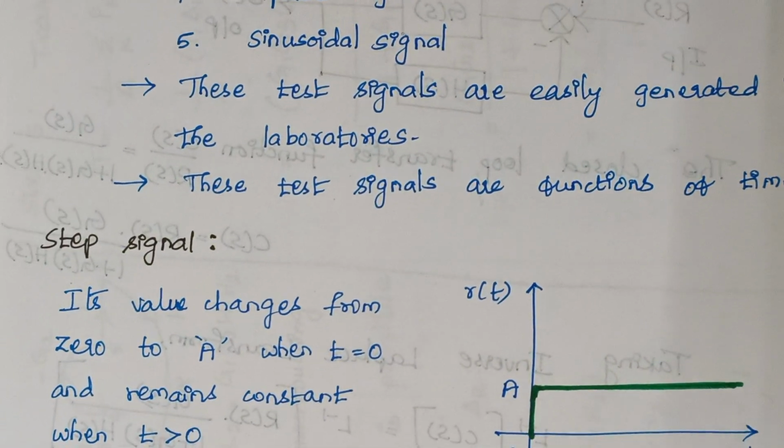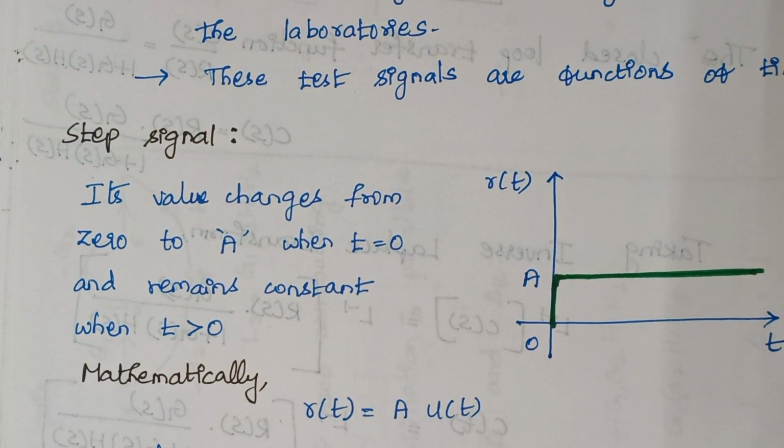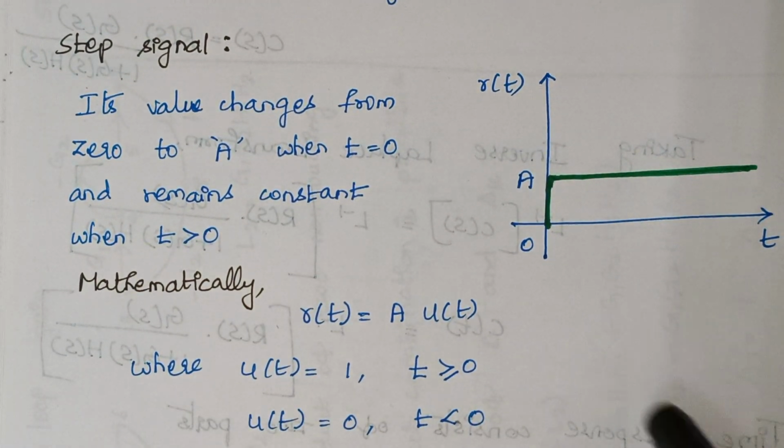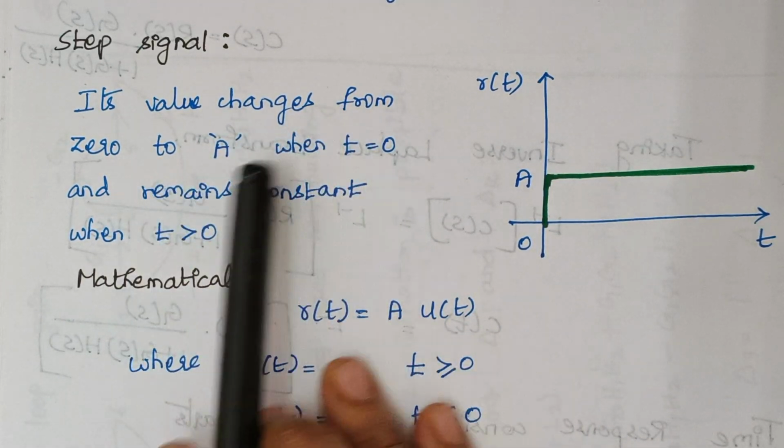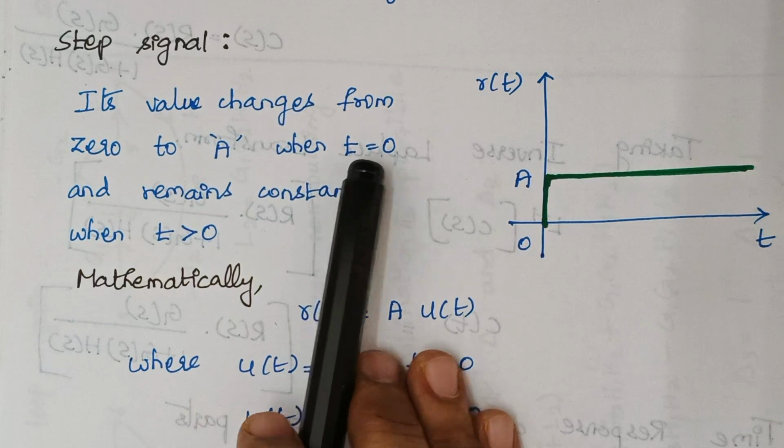The first one is the step signal. A step signal is one whose value changes from 0 to A when t is equal to 0.